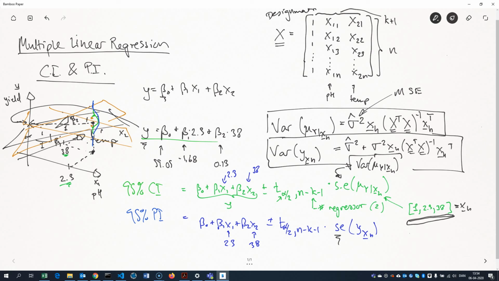With 95% confidence. So if we did it 100 times, 95% of the times, this interval would include the true response. Yeah, and that goes to show that it's harder to predict a single observation than it is to predict the mean of a lot of observations.